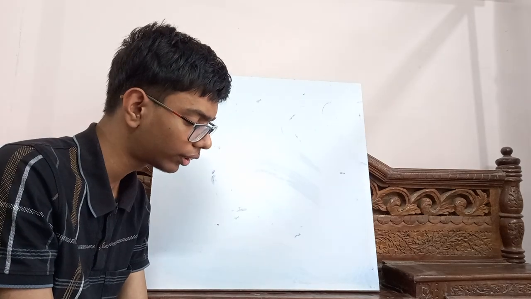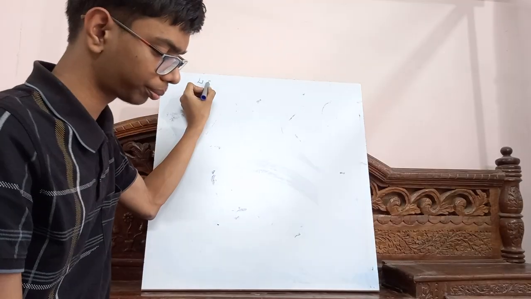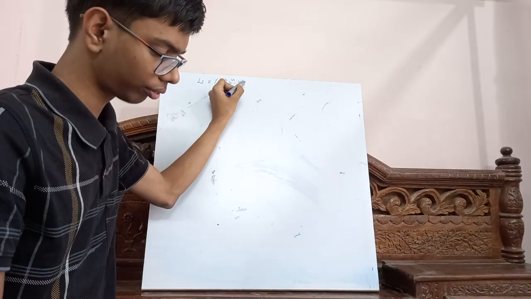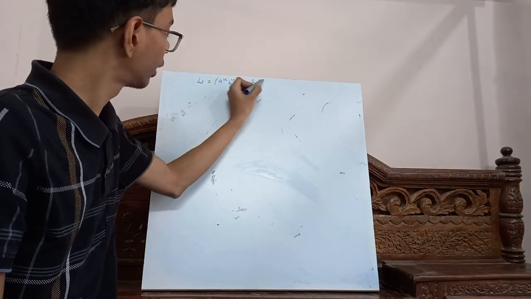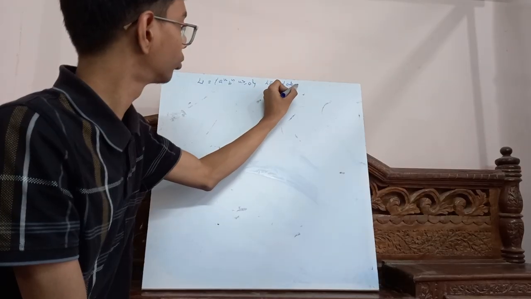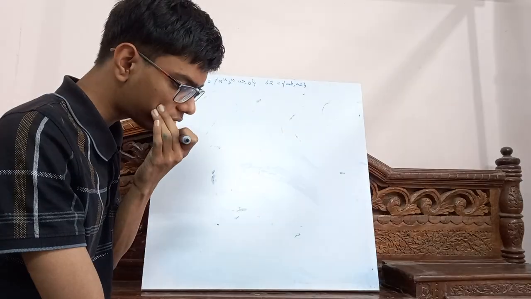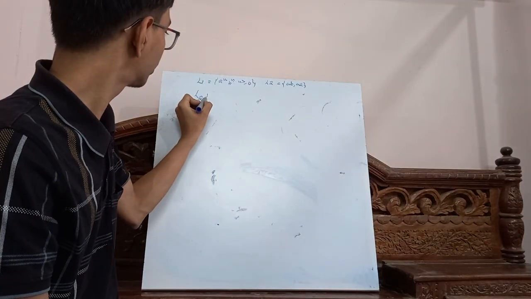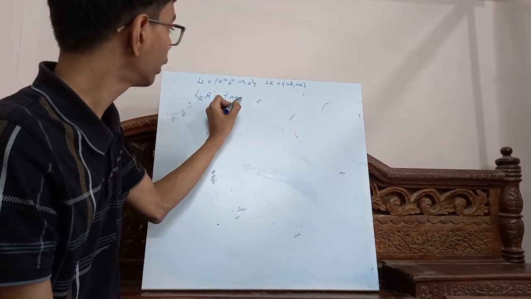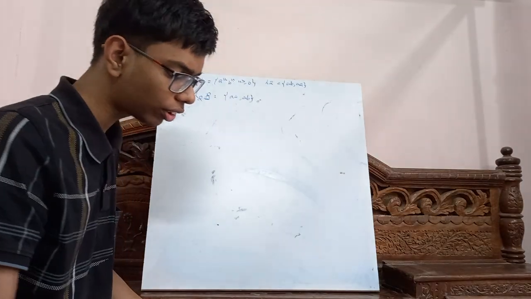For example, I had my L1 and L2. If I have to reverse, L2 reverse will be written like this, ab. And then concatenation of two languages.